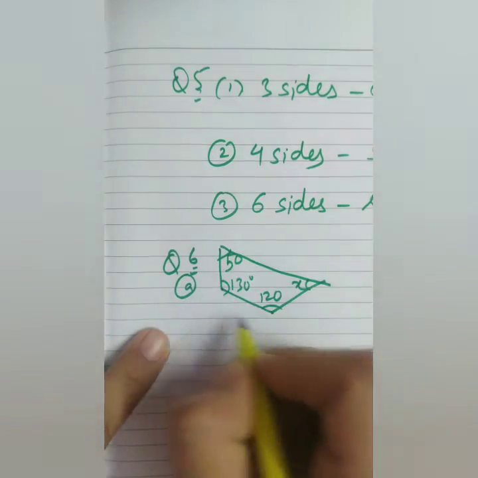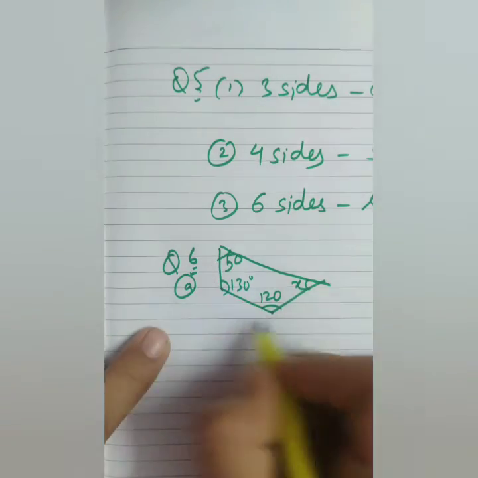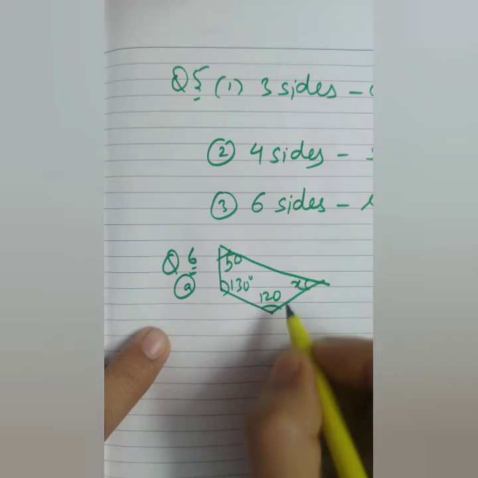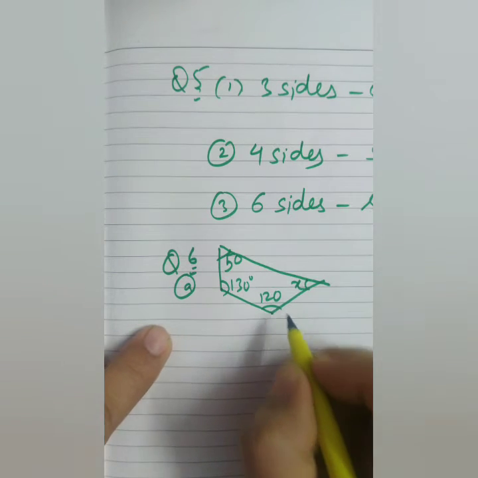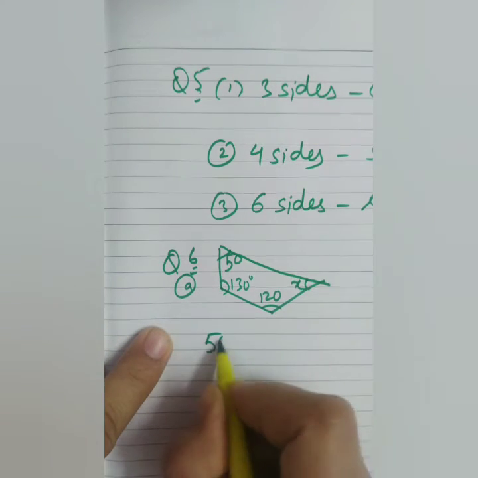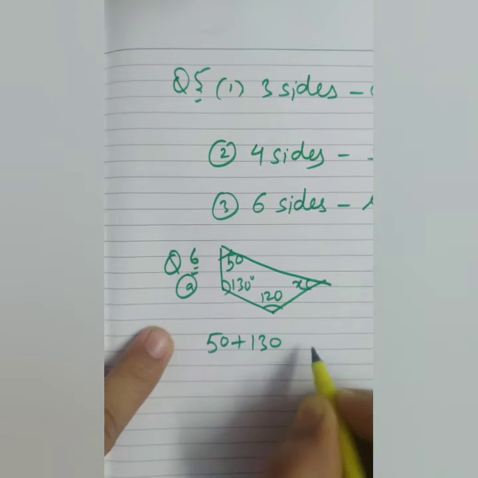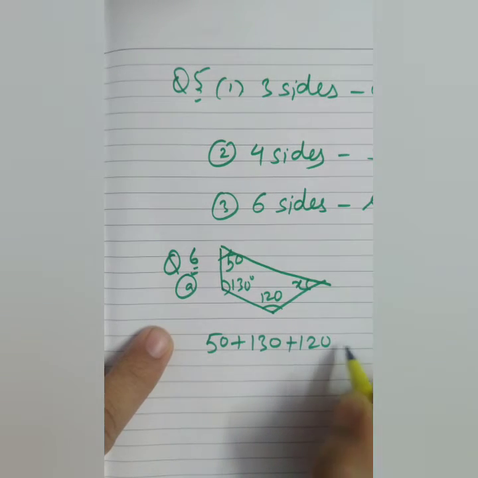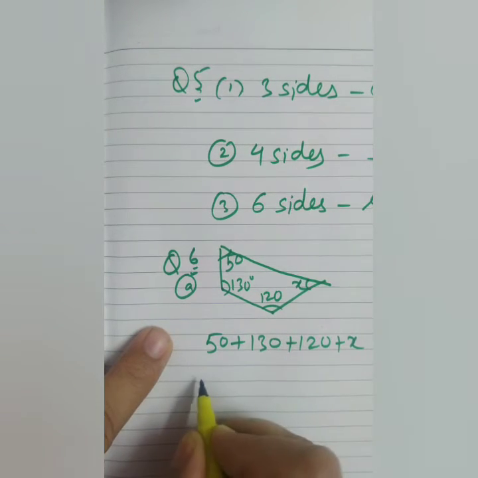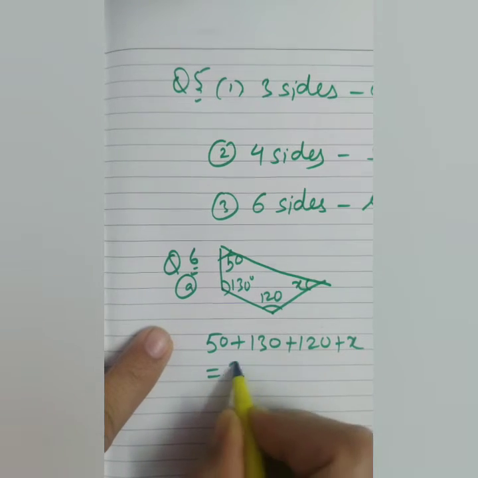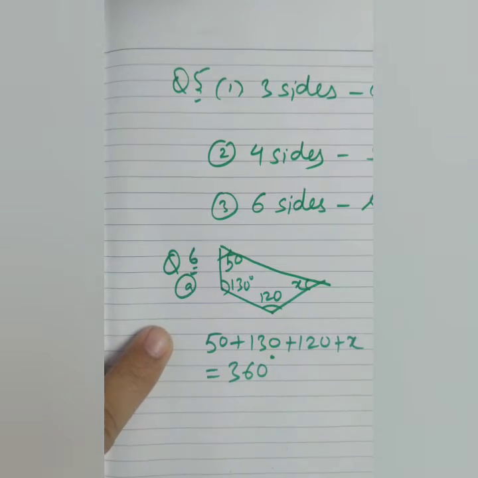So according to the angle sum property, the sum total of all the angles of a quadrilateral is 360. So 50 plus 130 plus 120 plus x equal to 360 degrees. Okay.